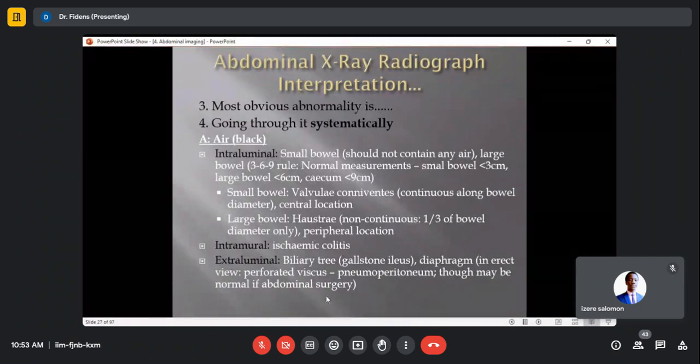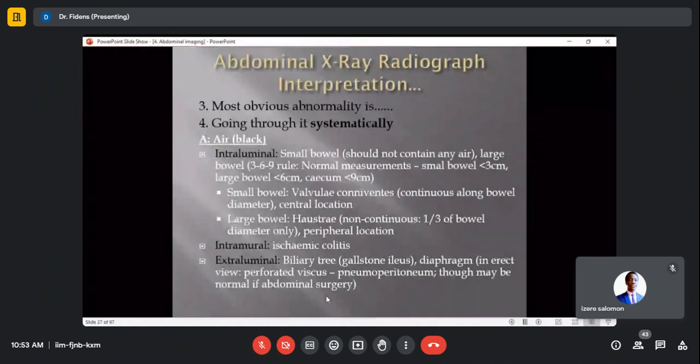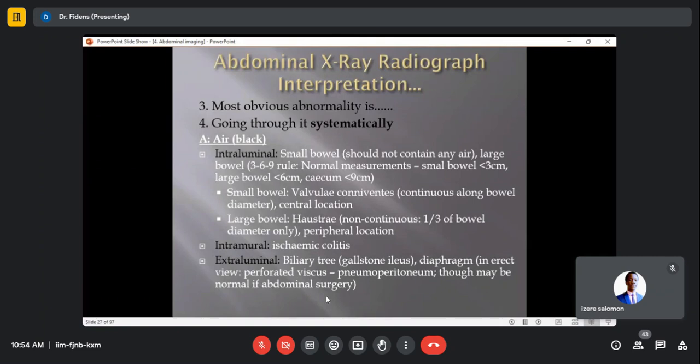Remember, always you have to correlate with the clinical history of the patient. Free air in the peritoneal cavity can be either pathological or due to surgery or any other procedure that can put some air or gas into the peritoneal cavity.